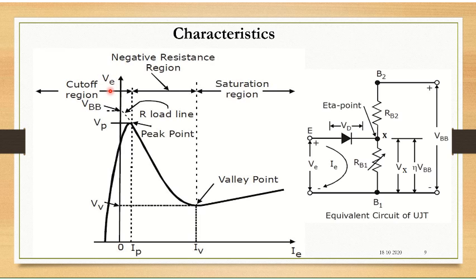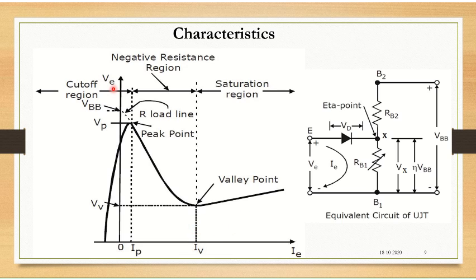Typically, we used to take the varying VE on the x-axis and note the emitter current on the y-axis, right? That is also fine, but because the textbook represents VE versus IE, we will follow the same thing. That doesn't change the operation as such.